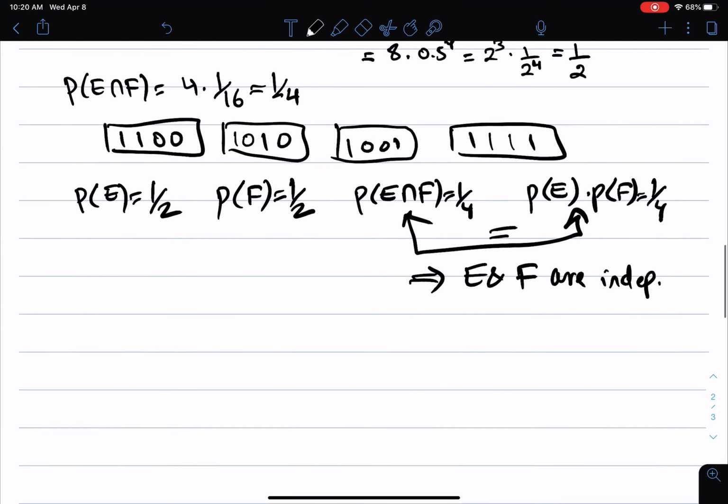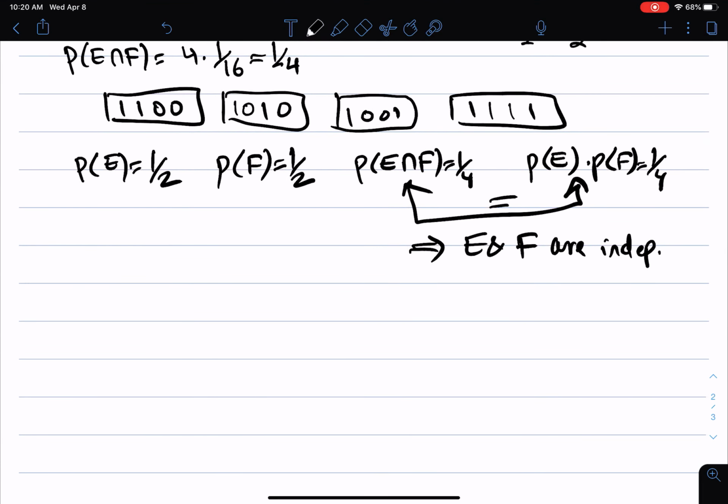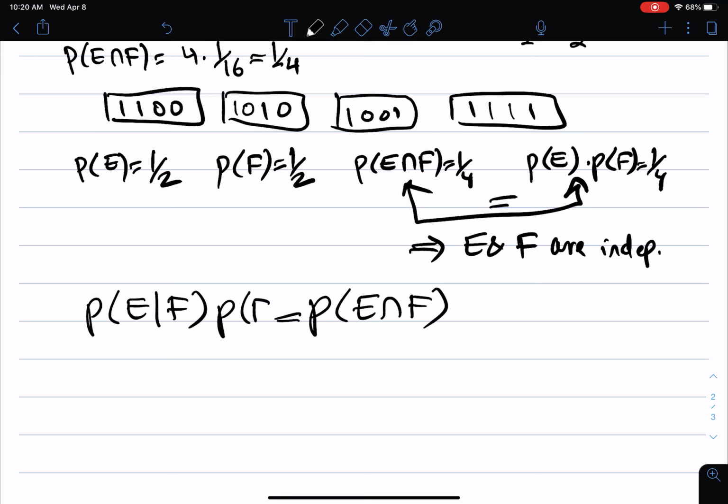And one maybe last point about this notion is, if you look at P of E and F, we said it is the probability of E given F times the probability of F, right? But if you think about it, the intersection is symmetric, right?